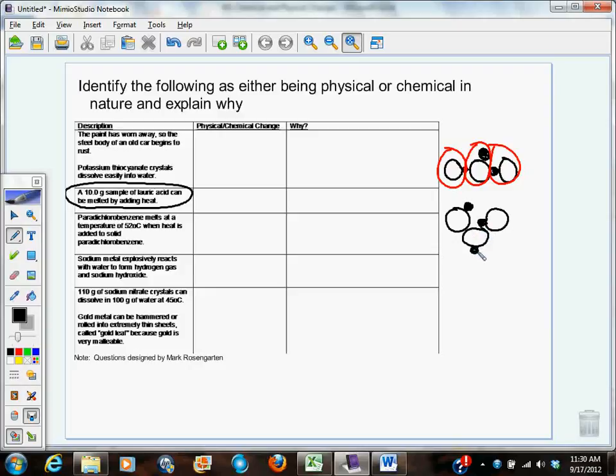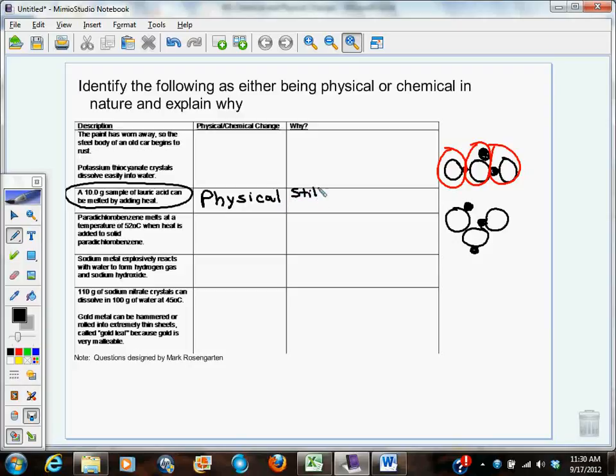As you can see, they've kind of rearranged, changed shape. They're flowing back and forth. But I still have lauric acid, even though it's in a different state. So since I still have the lauric acid, I would call this a physical change. And why? Well, I still have the lauric acid. It hasn't changed.